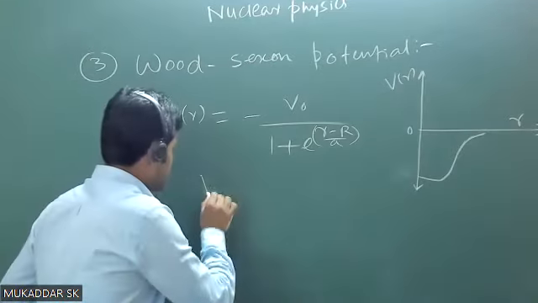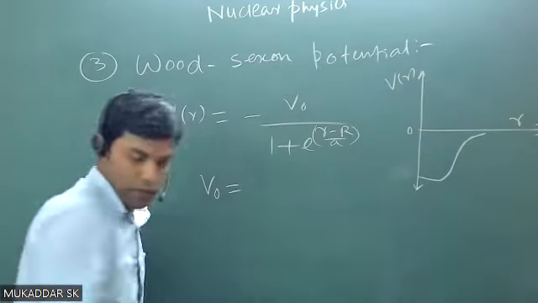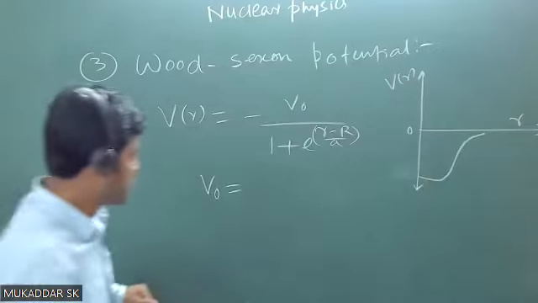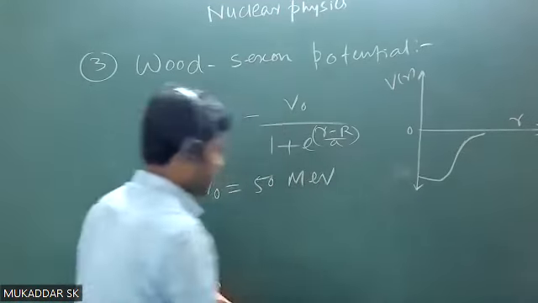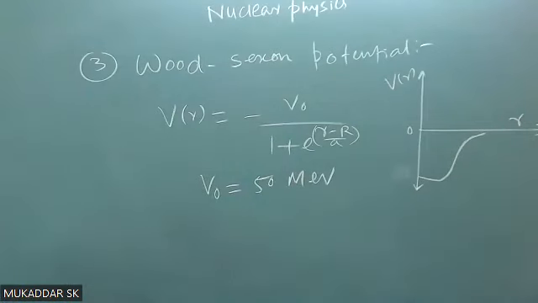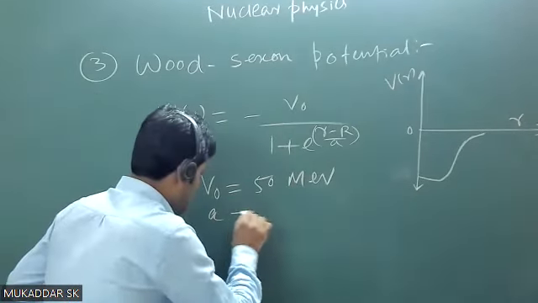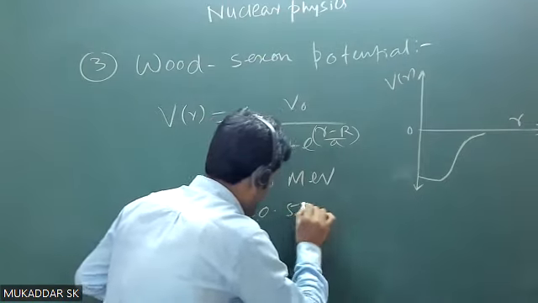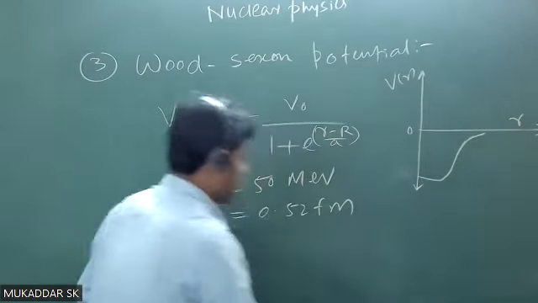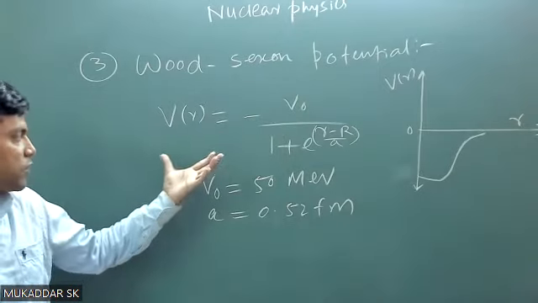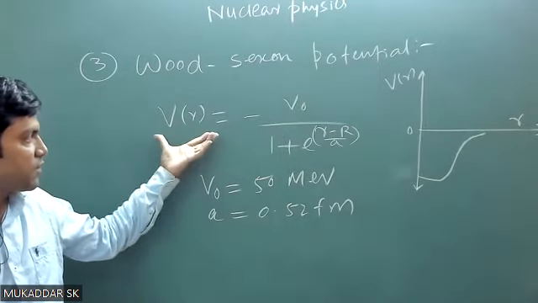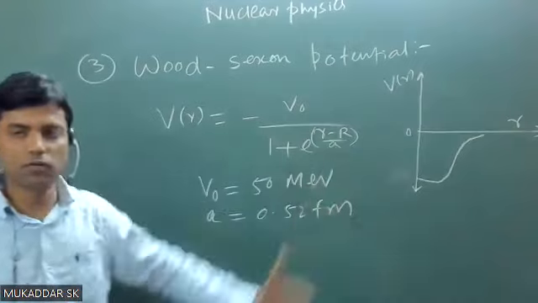What is V naught? V naught is some potential value, and they have chosen this value for this calculation, that is 50 mega electron volt. They have taken the value of a also, that is 0.52 femtometer. Okay, this is constant. So to solve this equation in Schrodinger, when you are inserting this, you have to choose this constant value as well.